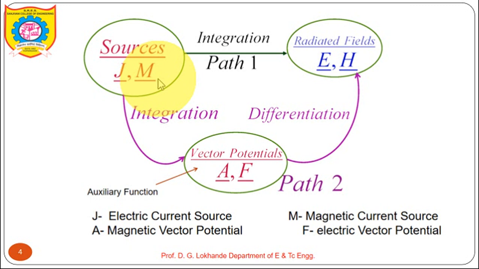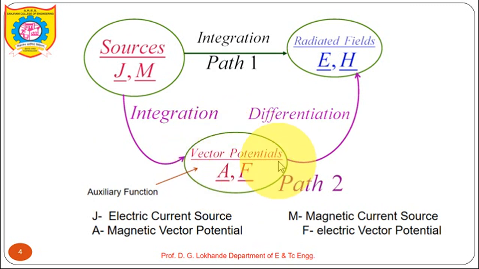Through path 1 we directly integrate the source part to get the radiated field in terms of the electric field as well as the magnetic field. Another procedure is to integrate the source to get the auxiliary functions: A, which is called the magnetic vector potential, and F, which is called the electric vector potential.